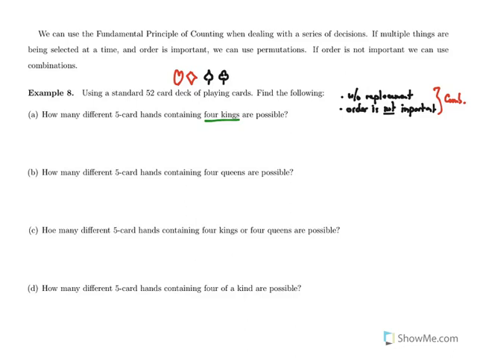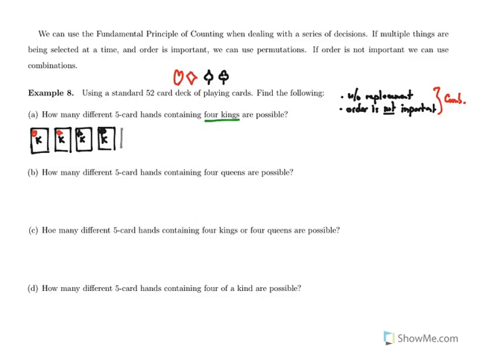Let's just think about we have 4 kings in the deck, and we want to have all 4 in our hand. That means our hand is going to include the kings of spades, clubs, diamonds, and hearts.